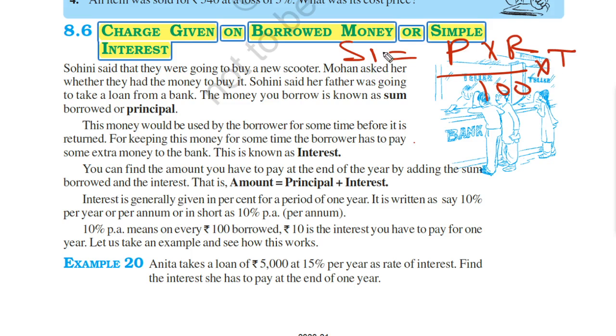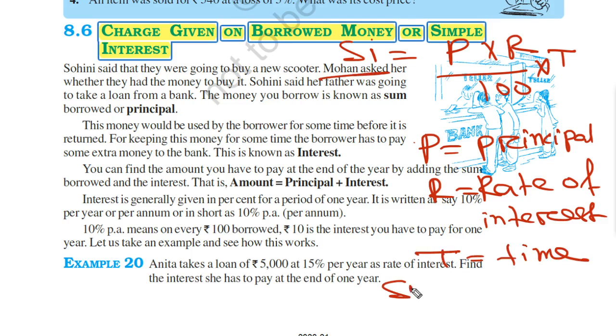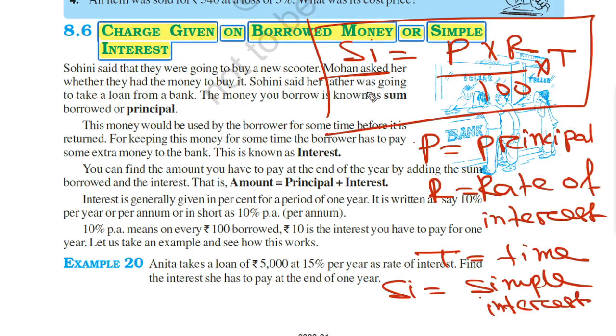You can write it: simple interest equals PRT by 100, where P equals principal, R equals rate of interest, T equals time, and SI equals simple interest. So please write this formula. SI or simple interest equals PRT by 100. You can use this formula or you can use the unitary method, which is the best method.